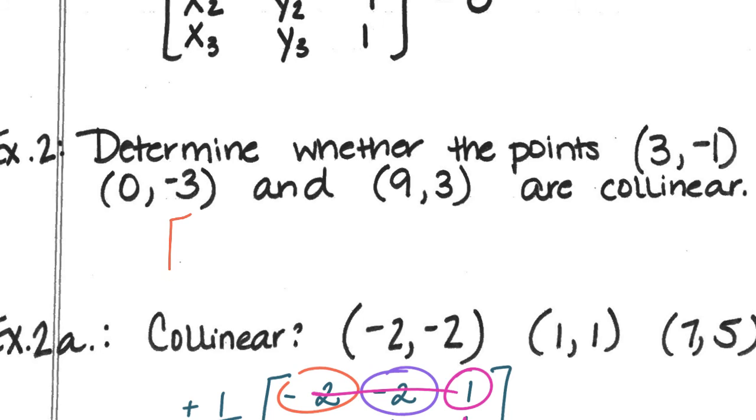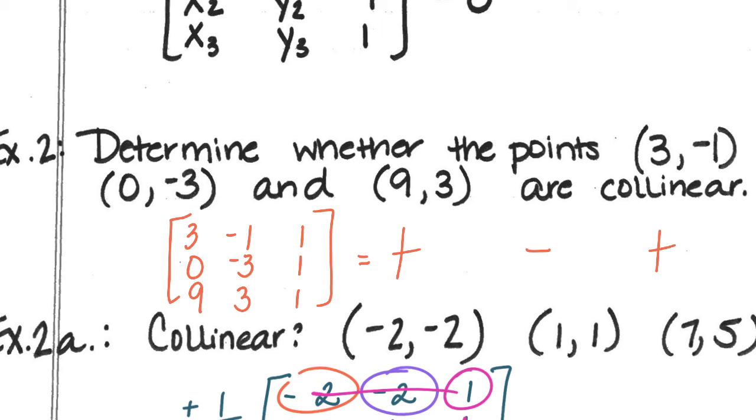Let's set it up. I have 3, -1, 1, 0, -3, 1, and 9, 3, 1. I have my plus, minus, plus. And I'm going to go ahead and start here. I'll start with pink. Cancel, cancel. So I have 3 times -3 minus 3 is -6. Going purple, I'm going to go straight across again. Cross out here and here.